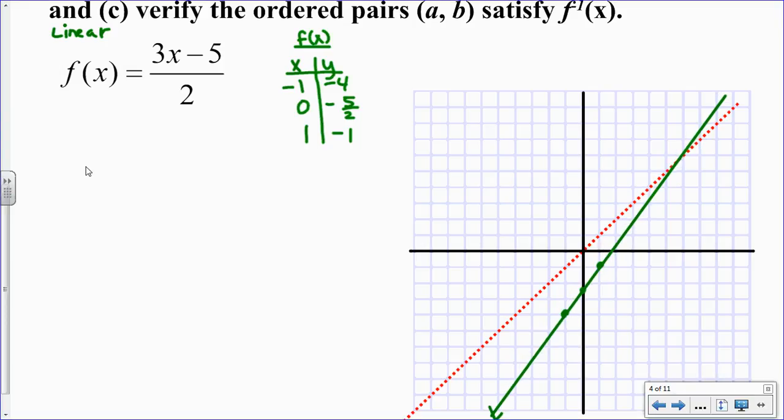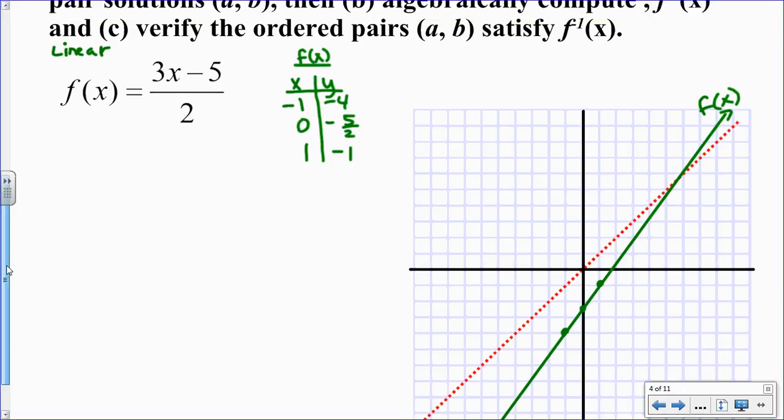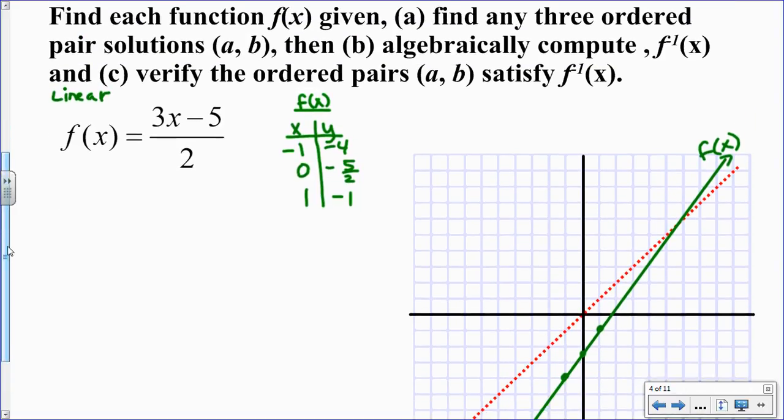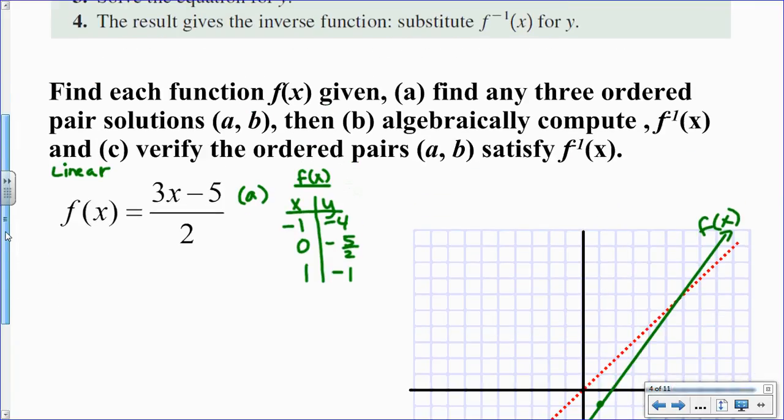So this is f of x. Alright, so this was part A. Part B, we want to algebraically compute f inverse of x. So that's where I'm going to go through these 4 steps.